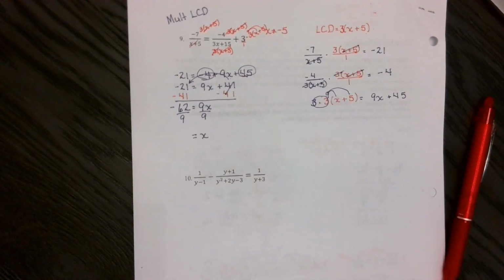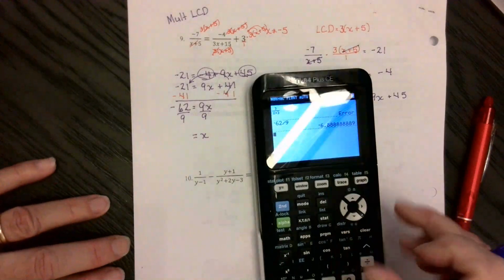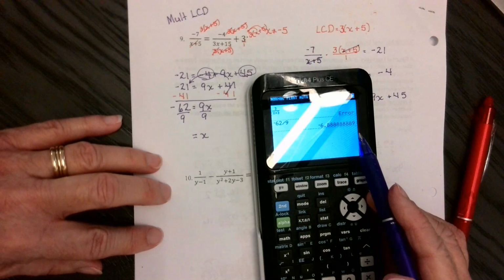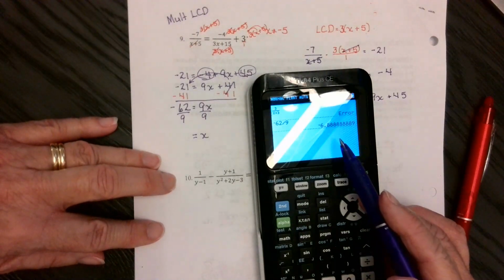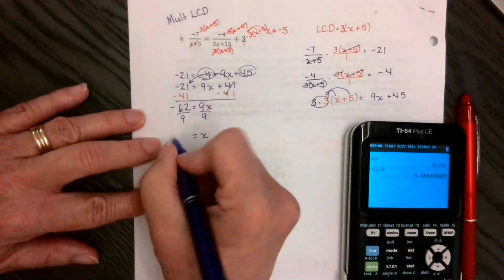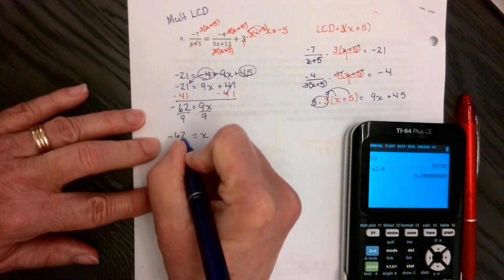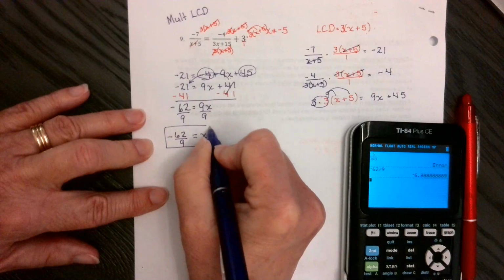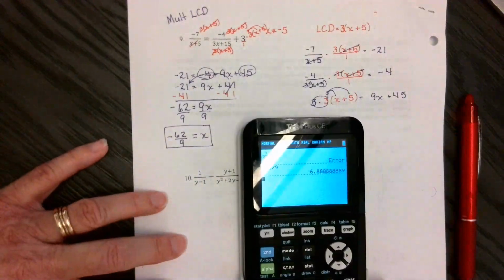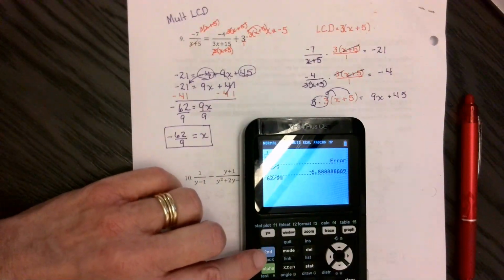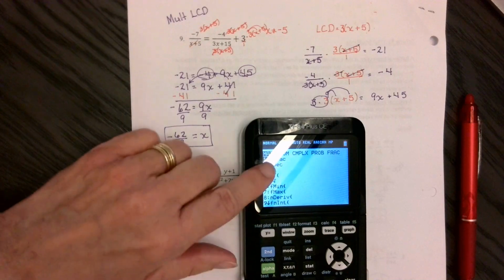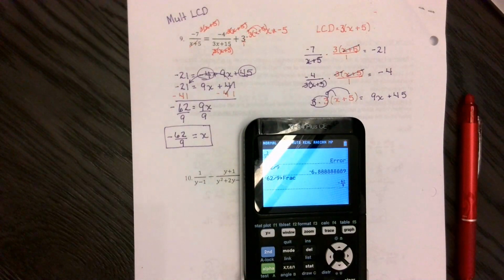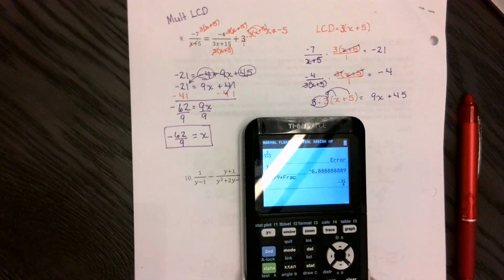So you don't want to change it to a decimal, and I don't want any repeating bars. We don't do that in our class, okay? Just bring it down as negative 62 over 9. It won't reduce. You'd want to reduce it, but not to a mixed numeral, okay? If we had this and we hit math 1, it will reduce our fraction if it will, but it won't. So just leave it like that.